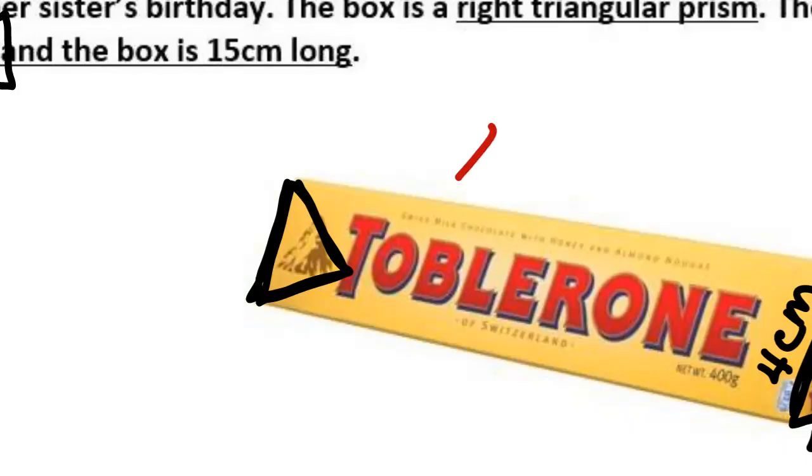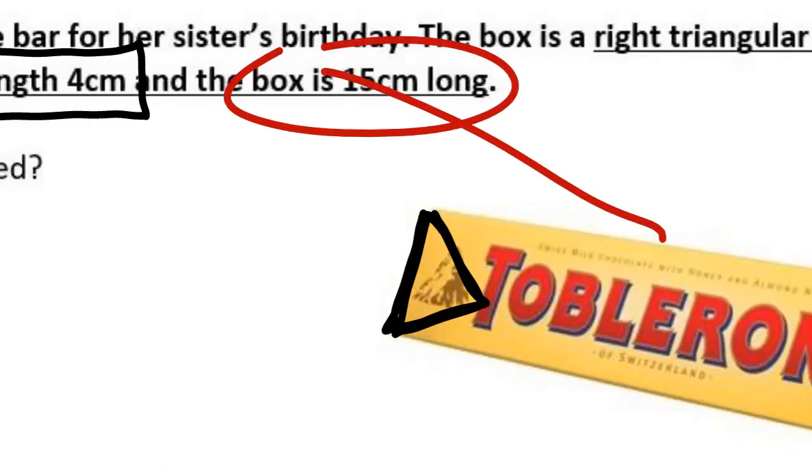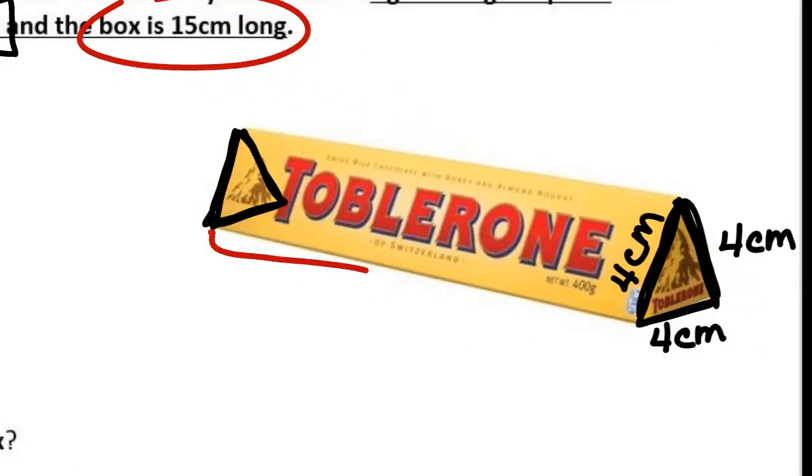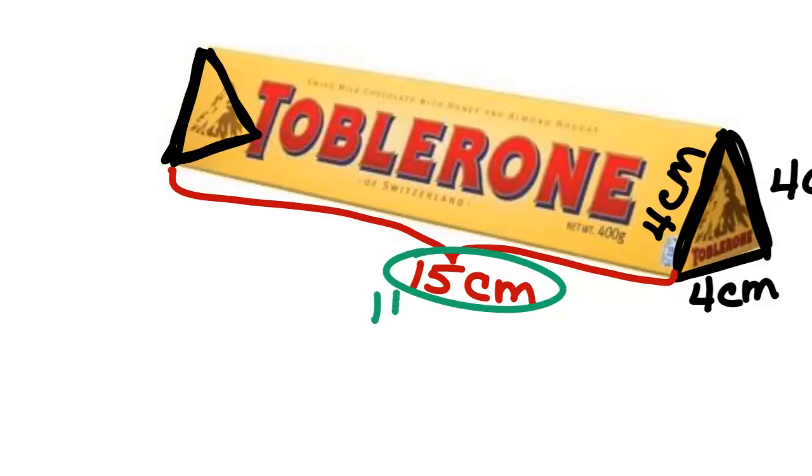What is 15 centimeters? The box. So from here to here is 15 centimeters. That is the distance between the two bases, which means even though this thing is laying down long ways, this is the height of the prism.